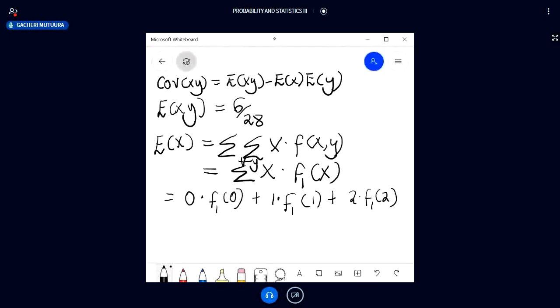So can you give me the expected value of x?